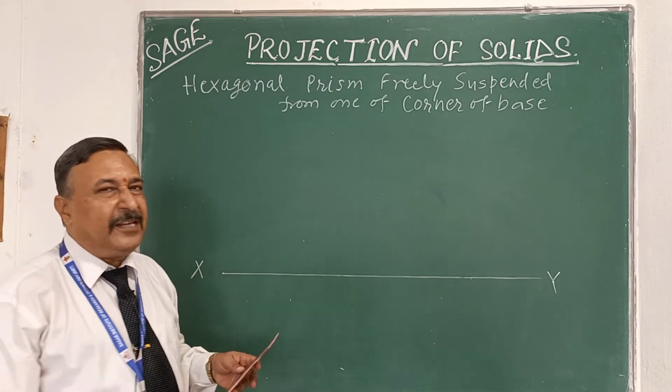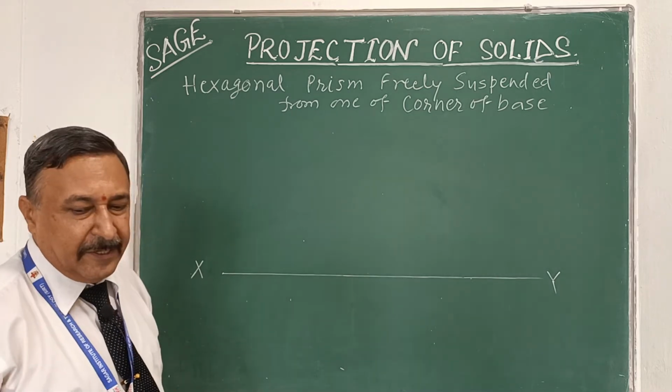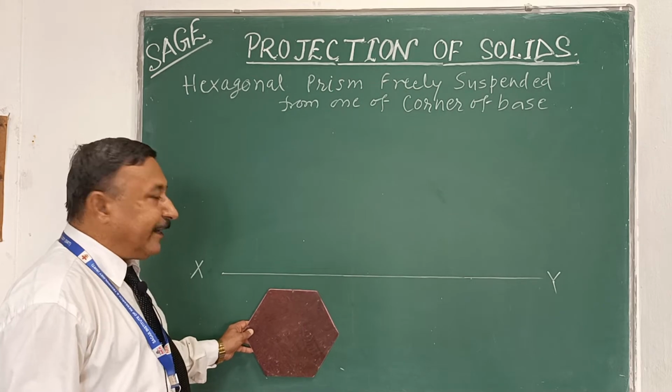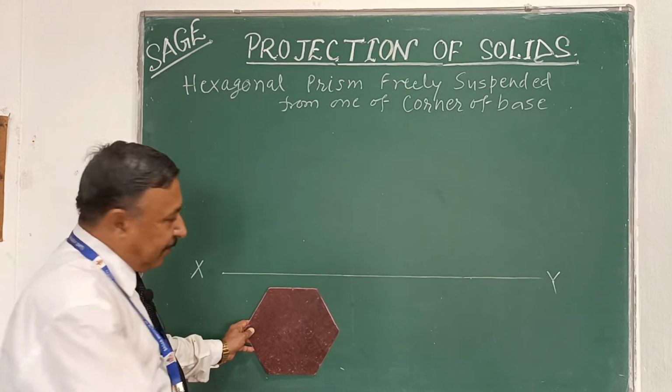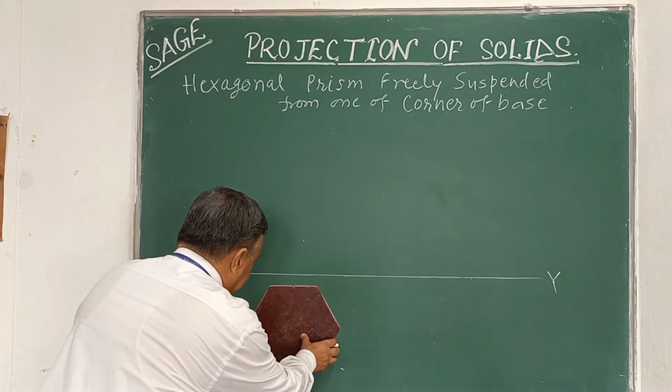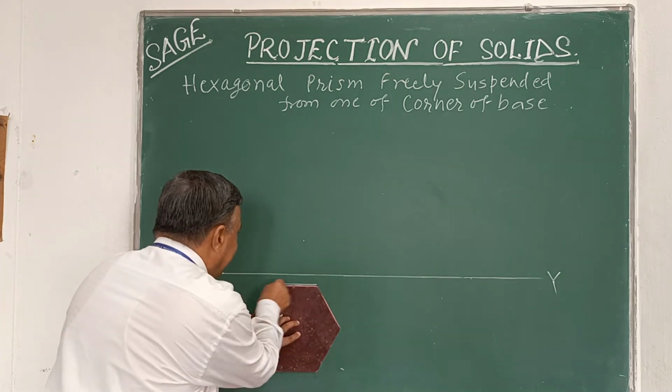Now see, freely suspended from one of its corners means we have to draw the base resting on a corner position. Now see here how we draw the hexagon. Hexagon is drawn in this way.